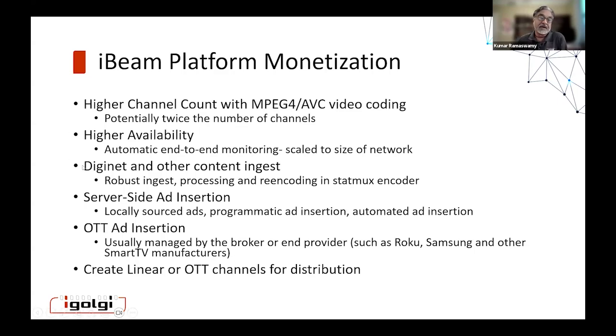And of course, the monetization of these channels can be done with diginets and other ingestion of other content, like I was showing at the bottom left. Ingesting other sources of content can all be done over SRT, Zixi, or your favorite HLS ingest sources, and then they can be reprocessed and re-encoded into the StatMux encoder and put on air.